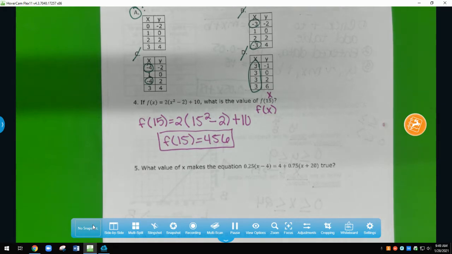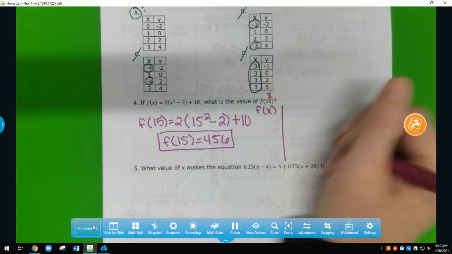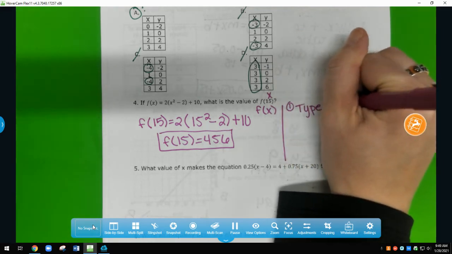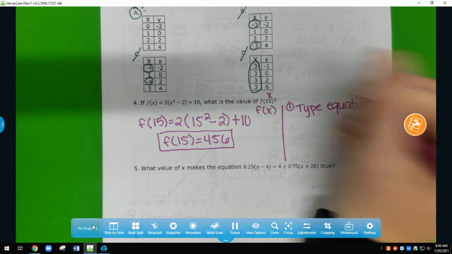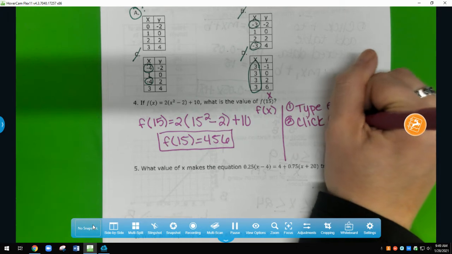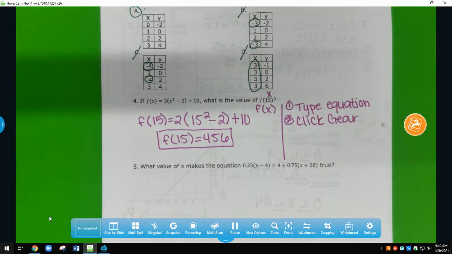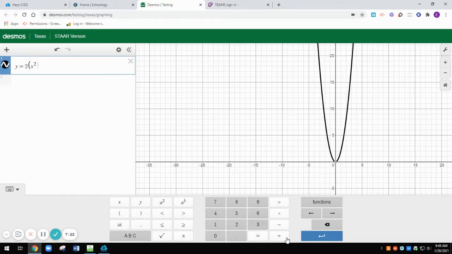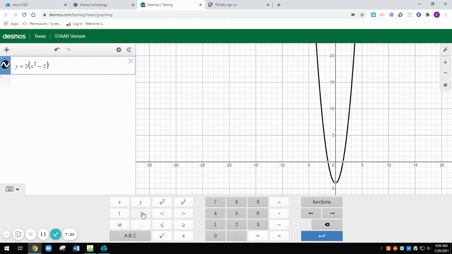Okay, another way you could do this is you can type the equation and then click the gear to make a table. So if we're back in Desmos, we can type in our equation. So y equals 2 parentheses x squared minus 2 and then plus 10.